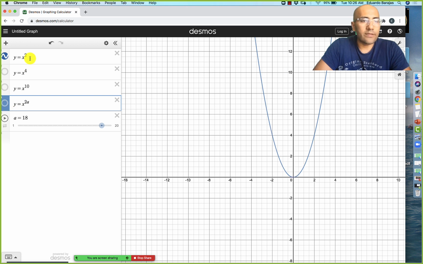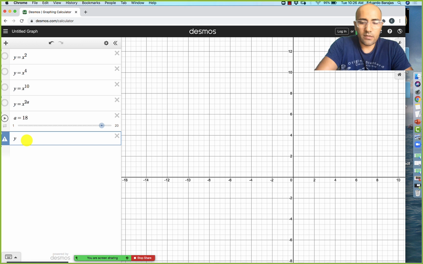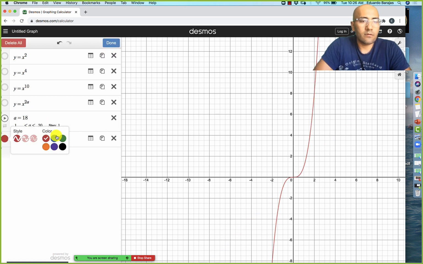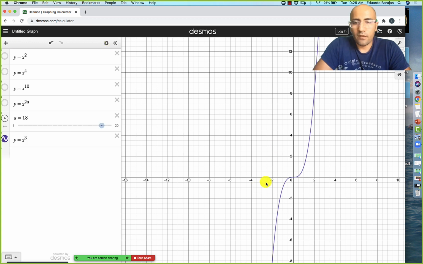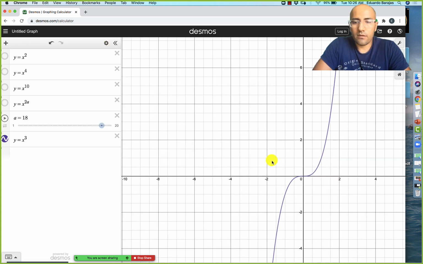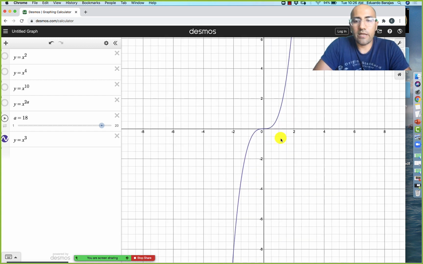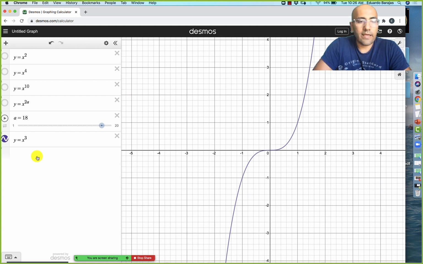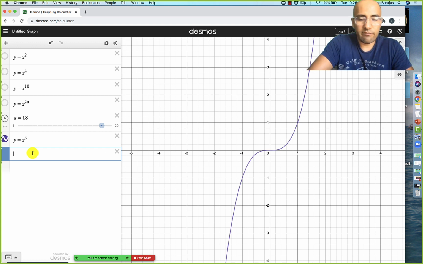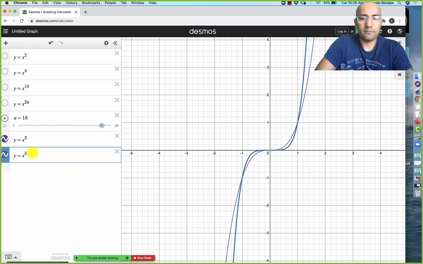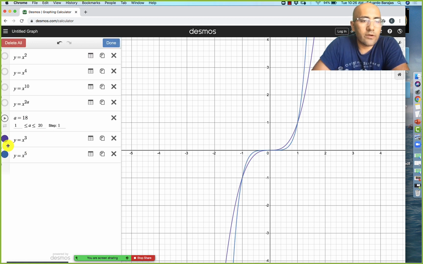If we look at the odd ones, then something very similar happens. We have y equals x to the power of 3. If this is our standard equation, x to the power of 3, then when we have powers of 5, y equals x to the power of 5, it's going to get a little bit more squared off.